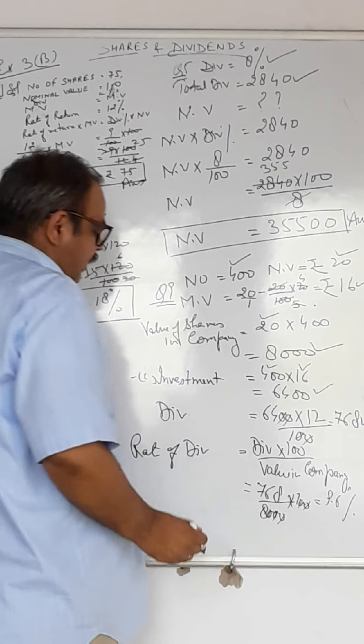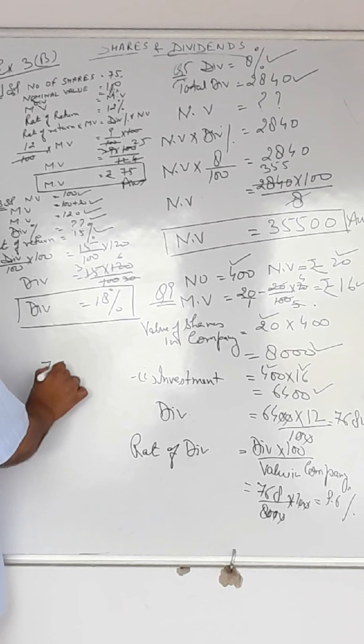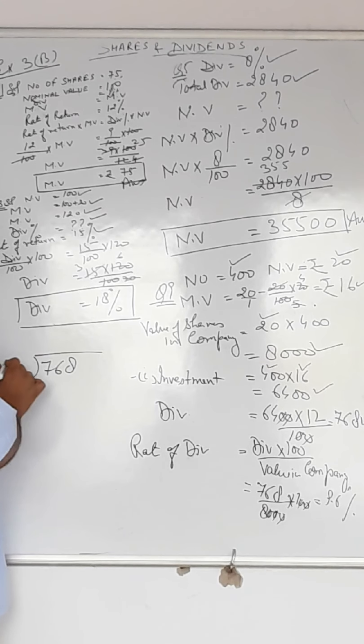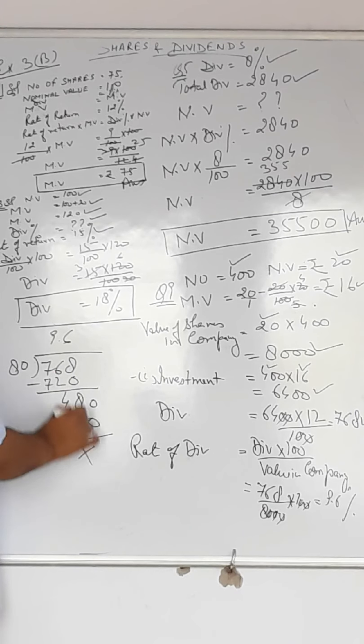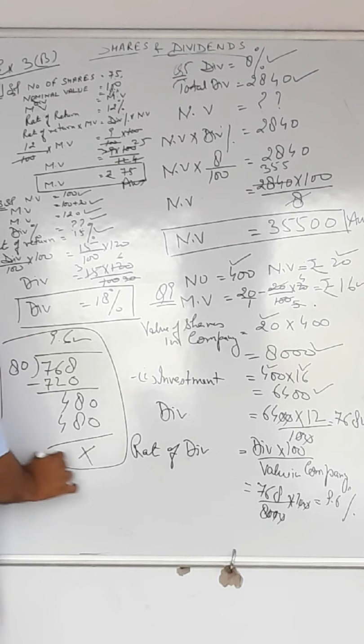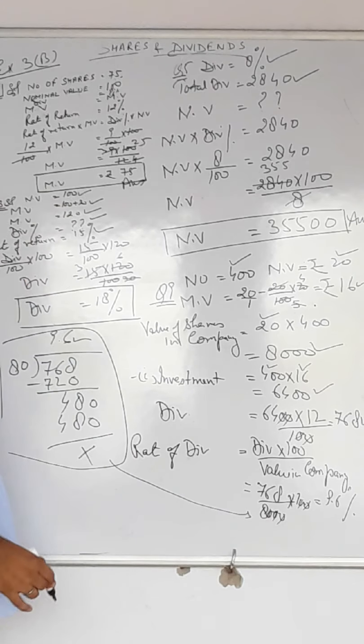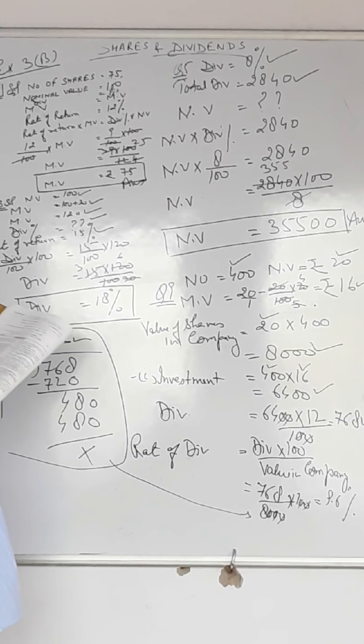So on calculating this, 768 divided by 80, 9 times 900, 8 9 is 72, 8, 6 minus 2, 4, point 8, 6 are 48, 480, 9.6%. So rate of dividend will be 9.6%.